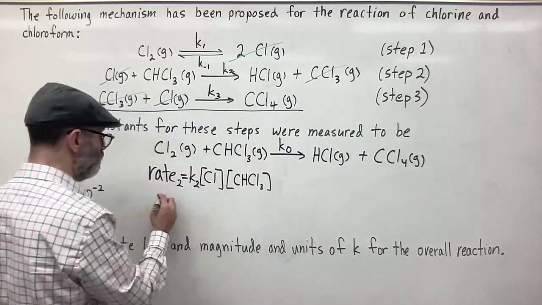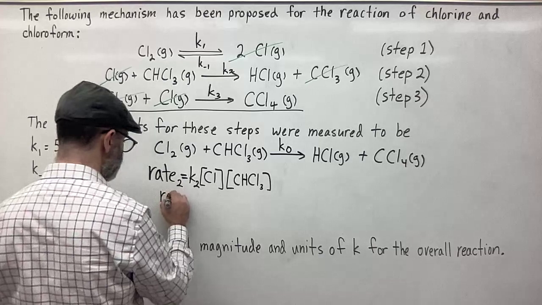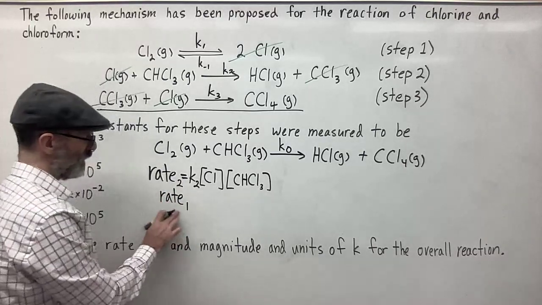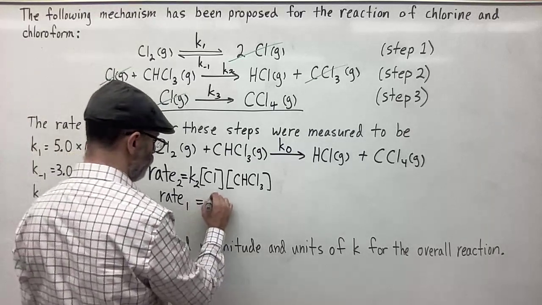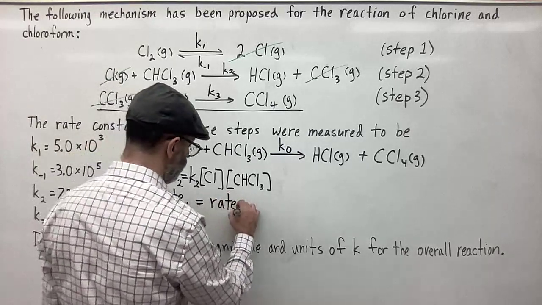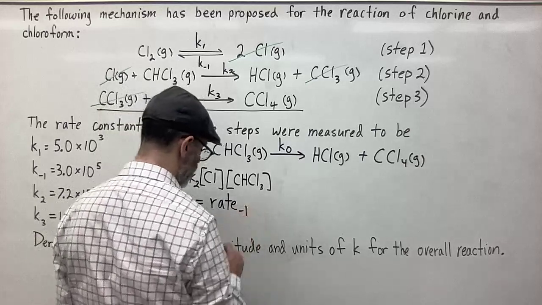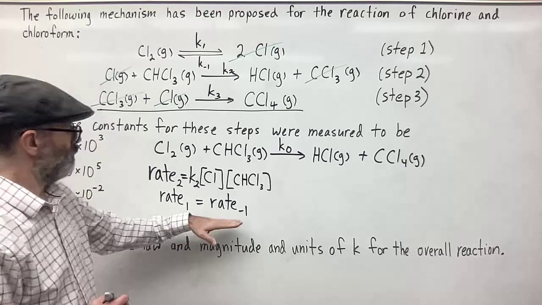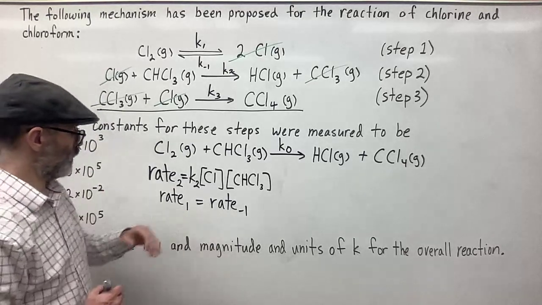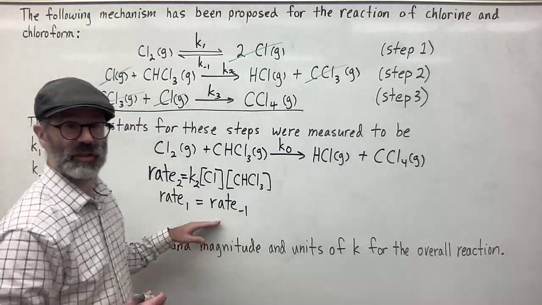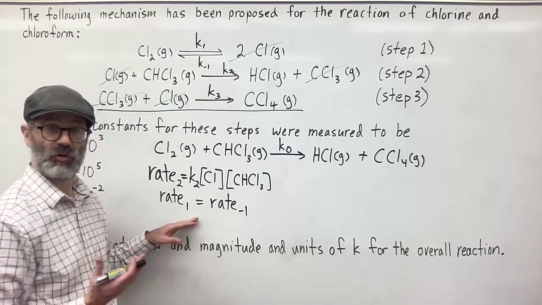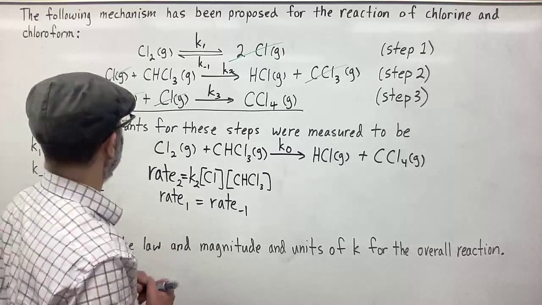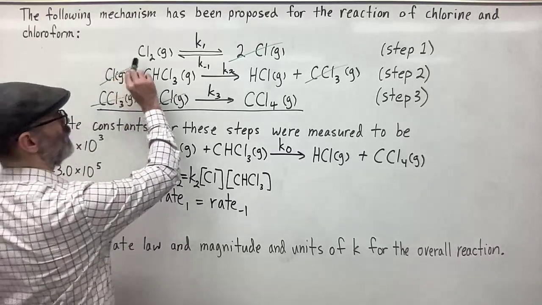Let's start with the rate of the forward reaction of step 1 is equal to the rate of the reverse reaction of step 1, so negative 1 for the reverse. So we know that to be true. Let's write down what the rate laws for each of those reactions are.